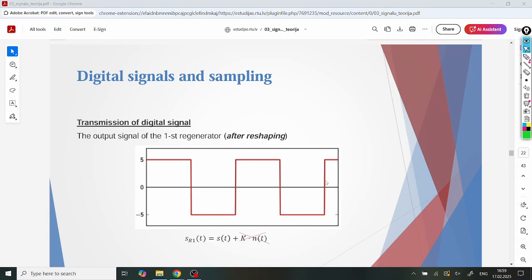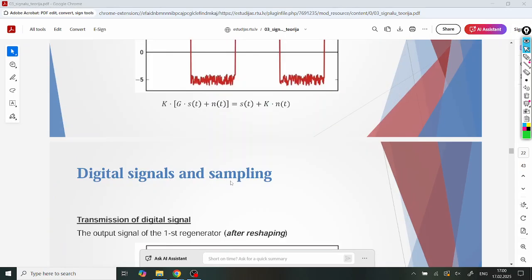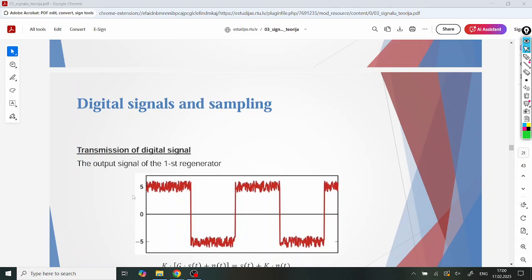So no matter how many regenerators you have, each of them will be able to clean the signal out of noise, and it works. Of course, this will introduce extra delay because each regenerator will still need some time to work with your signal, so you still want to reduce their number. But technically, if you put them over a safe distance where you don't allow the signal to become too weak for the noise to become like this, but somehow like this, which is also possible.